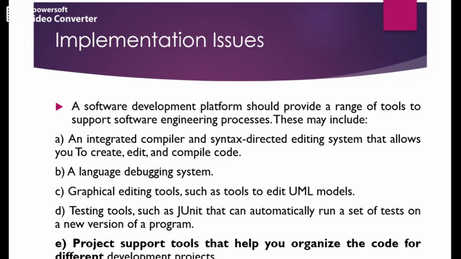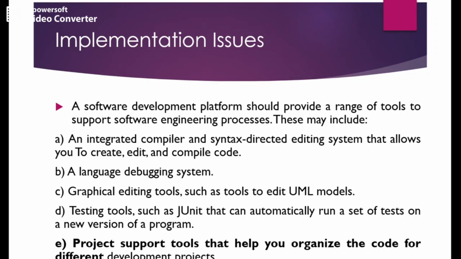A software development platform should provide a range of tools to support software engineering processes. So your platform is not only the operating system, it should also provide certain tools to support your software engineering processes. These may include, first one, a compiler, which is very, very important.